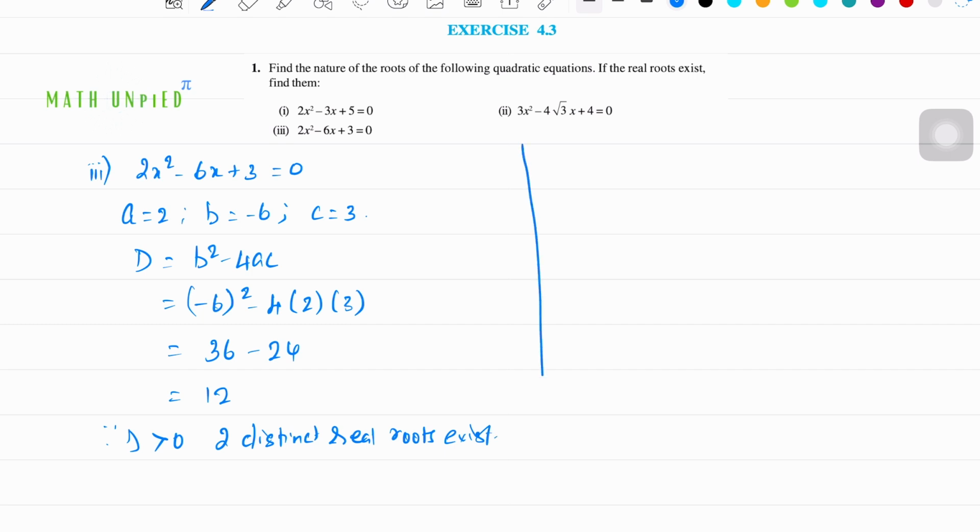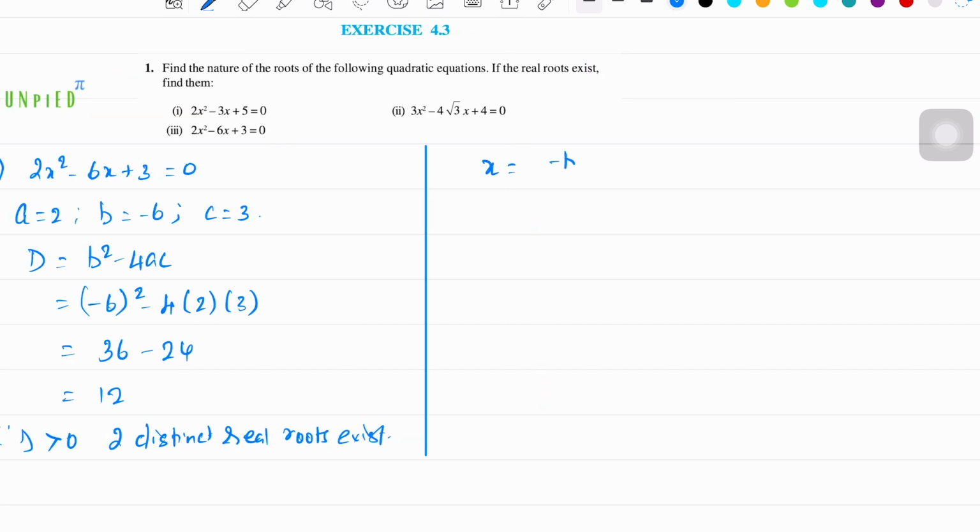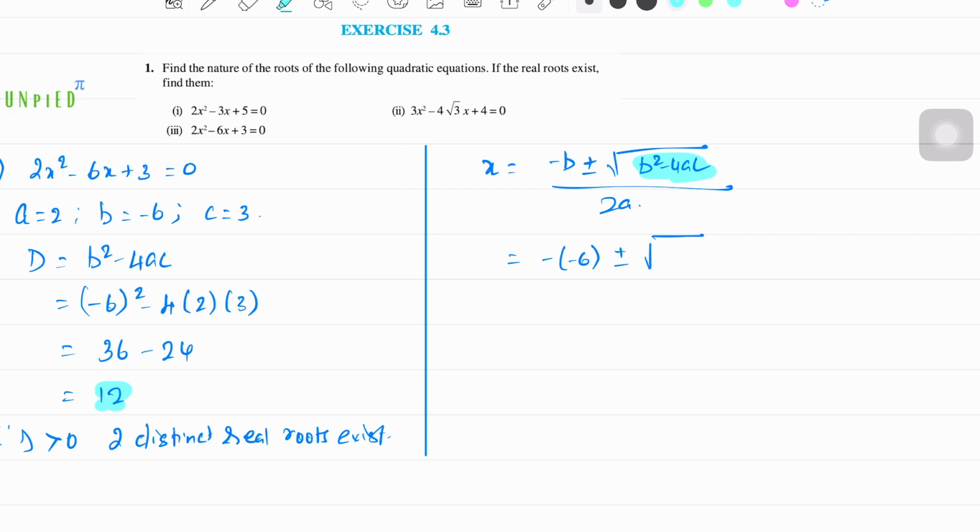So we're going to find that x equals minus b plus or minus square root of b squared minus 4ac, whole divided by 2a, and again we'll substitute the values. Minus of minus 6 plus or minus square root of, and we know the value of b squared minus 4ac, this is 12 because we have already found that.